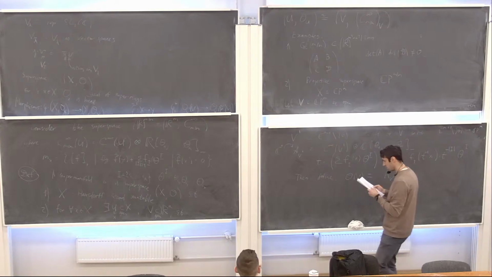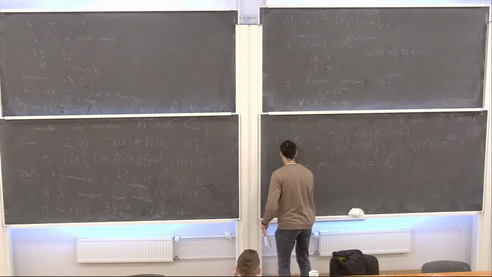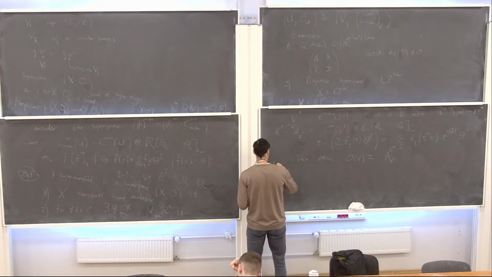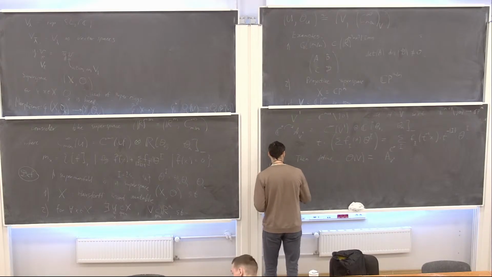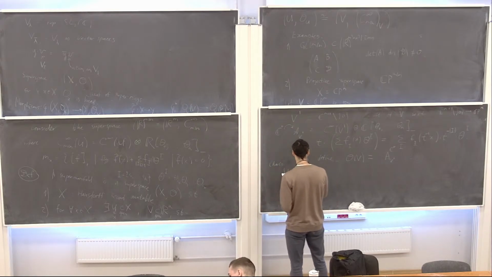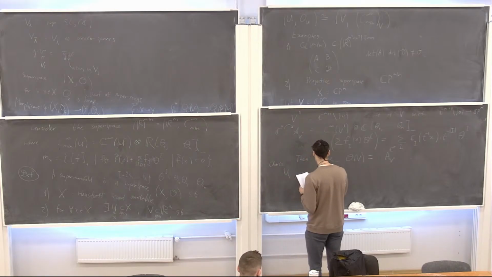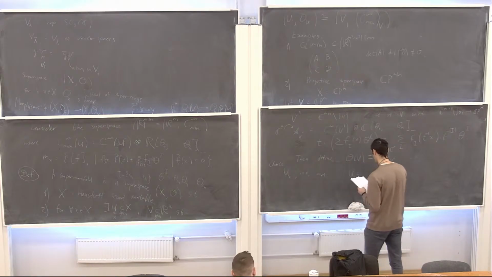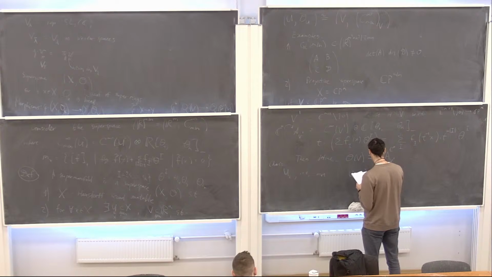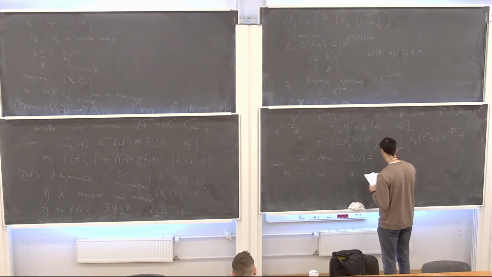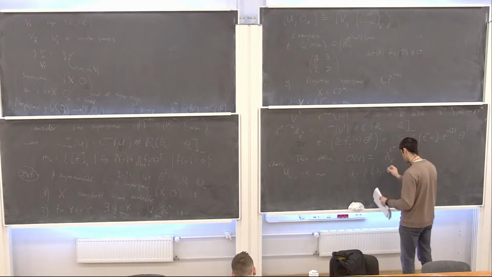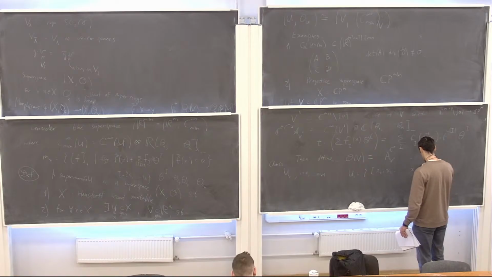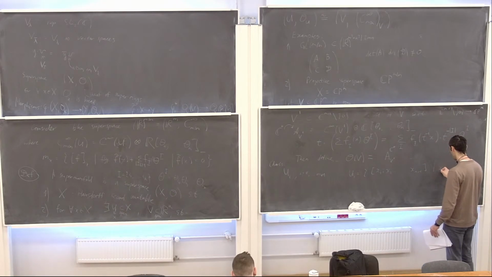So what are our charts here? The charts U_i, where i goes from 1 to m+1. U_i is just, as usual, the chart for CP^m, in homogeneous coordinates, all points where x_i is not 0.